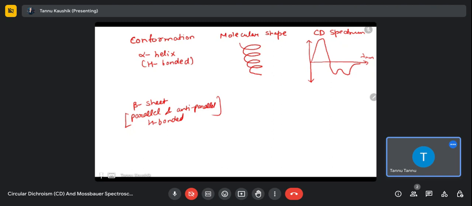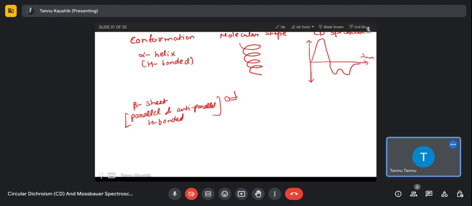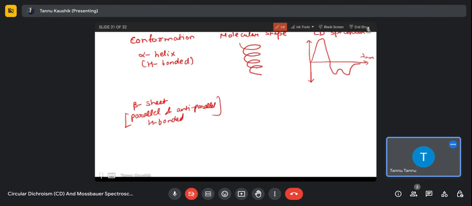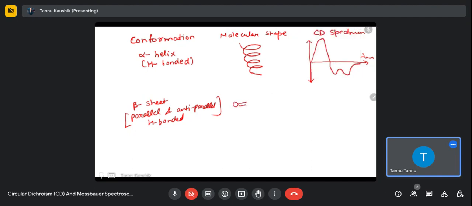So how these look, for example, C double bond O, NH.